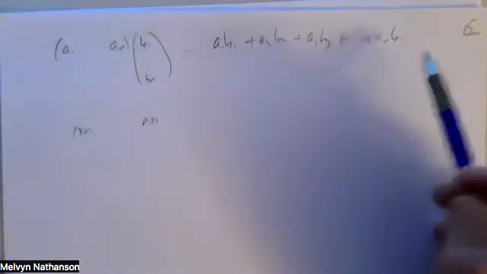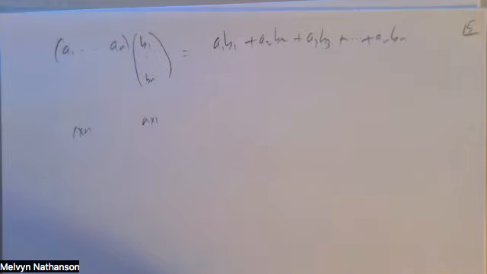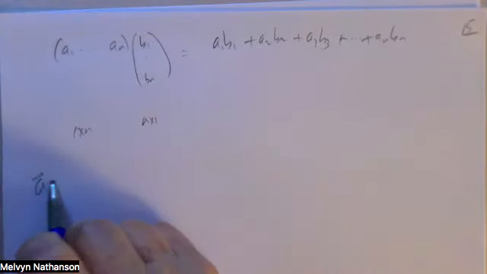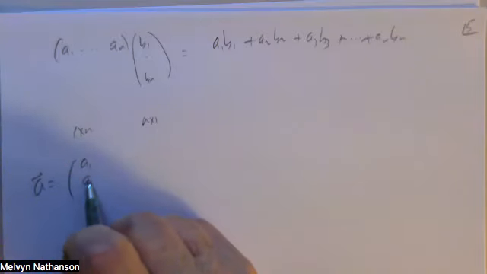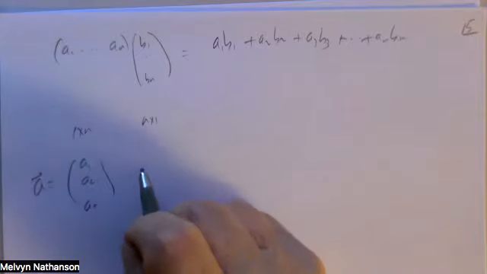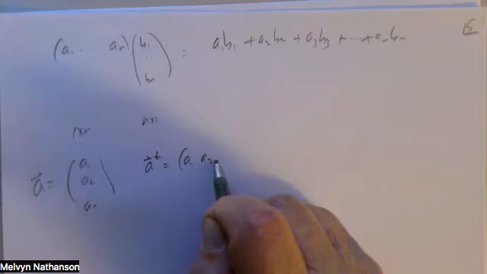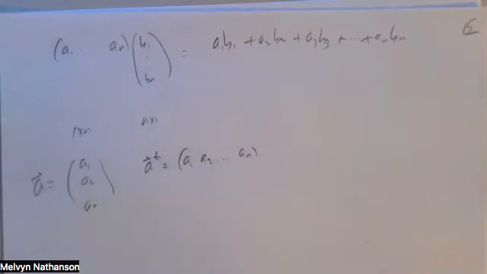This is really a very important definition. So if you think of A as the vector A1, A2 up to AN, which is an n by 1 matrix, A transpose is A1, A2 up to AN.